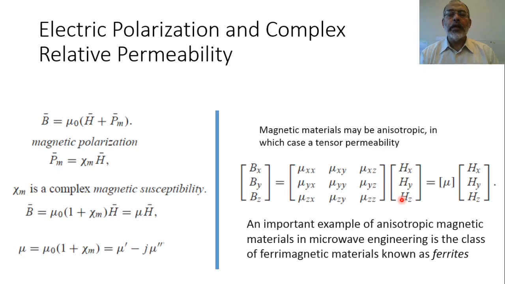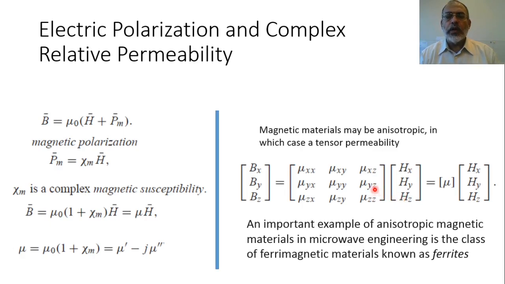So the magnetic flux in x direction in this case does not depend only on the magnetic field in x direction, it depends on the magnetic field in x, y, and z directions too. In a similar way, the magnetic flux in y direction would equal mu yx multiplied by the magnetic field in x direction plus mu yy multiplied by the magnetic field in y direction plus mu yz multiplied by the magnetic field in z direction.